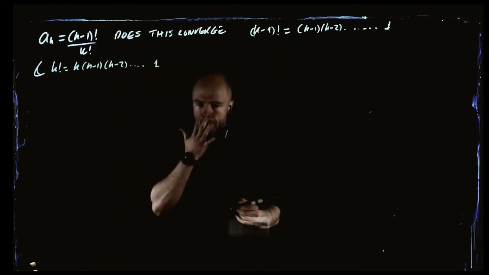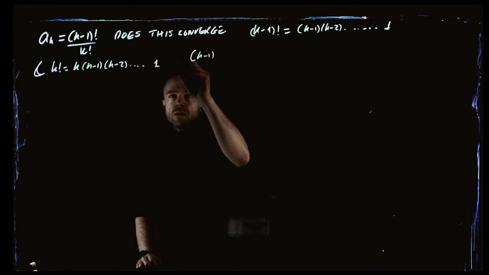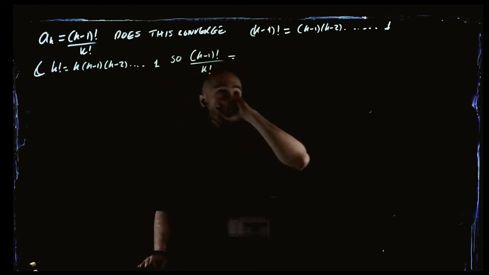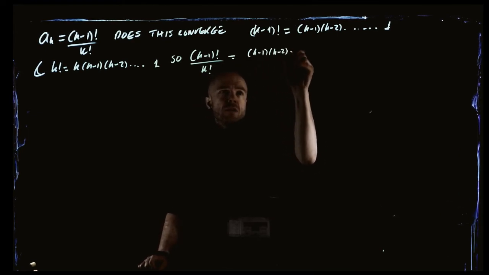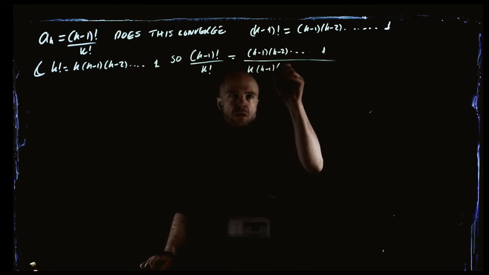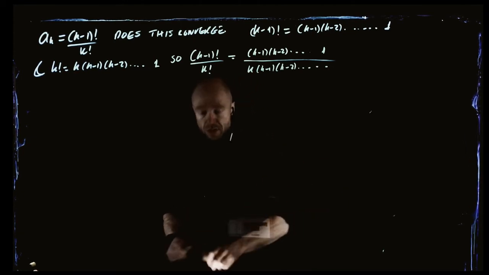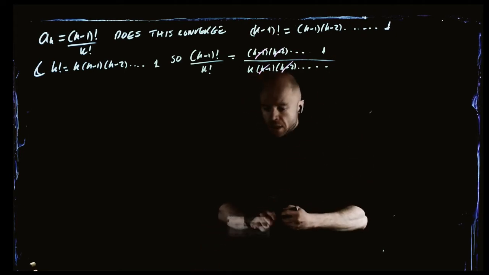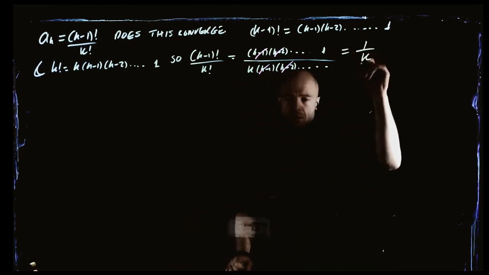So if we just consider the quotient, k minus 1 factorial over k factorial, then on top we have k minus 1, k minus 2, dot dot dot, 1, and on the bottom we have k, k minus 1, k minus 2, dot dot dot. And we see a whole bunch of cancellations. All these guys will cancel, and the only thing left is just 1 over k.